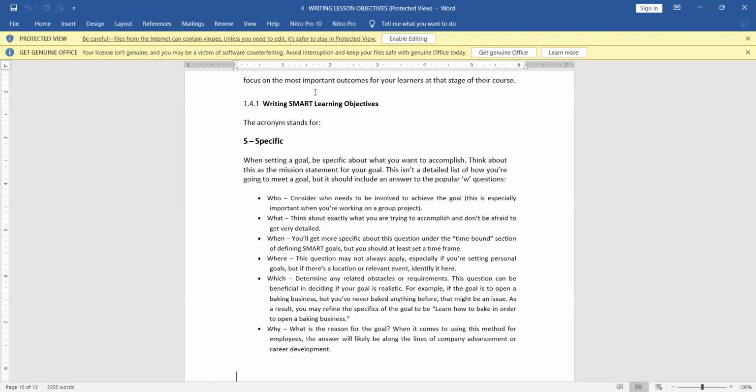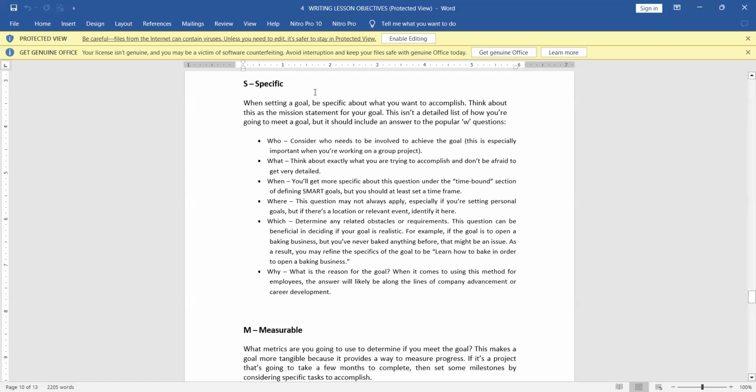S for specific. Specific means what exactly they will be able to do. I will give you an example. Now you are an English teacher, right? So you want your students to learn a specific grammar. It's about pronouns, right? Now pronouns have 5 forms: subject pronouns, object pronouns, adjectival pronouns, reflexive pronouns, etc. But in this particular grade 6 class, your lesson is on object pronouns.